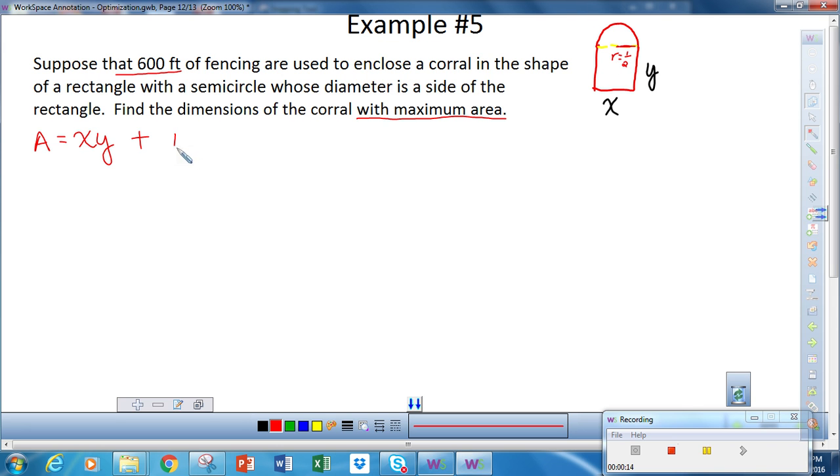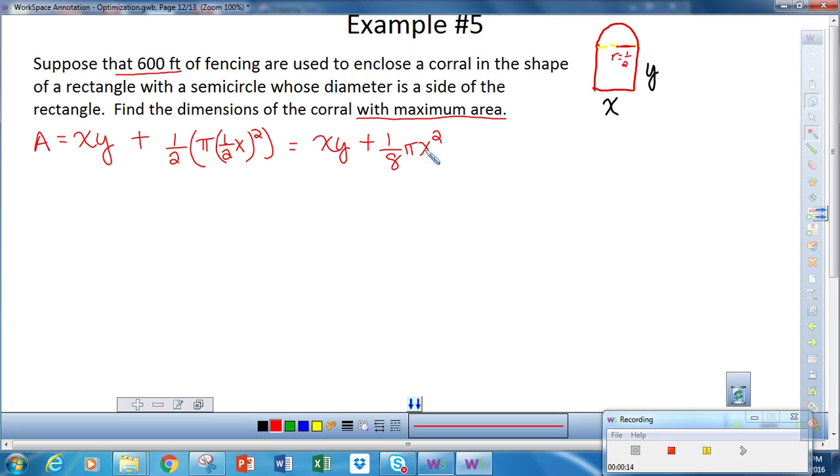So this will be 1/2 times, it's 1/2 because it's a semicircle, pi r squared. So pi 1/2 x squared. So my area is going to be xy plus 1/8 pi x squared.